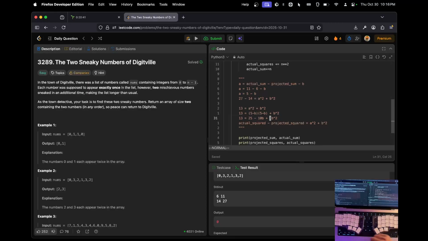Man, doing this programmatically might be a little bit tricky. Hmm. And then you have the quadratic equation.